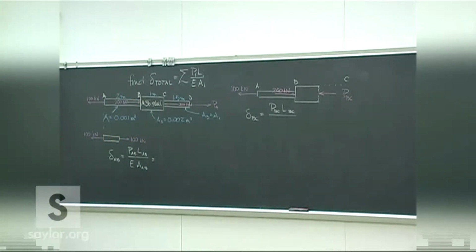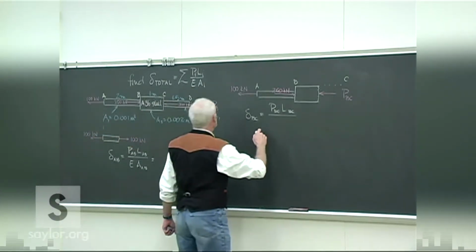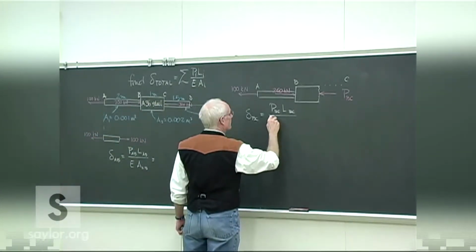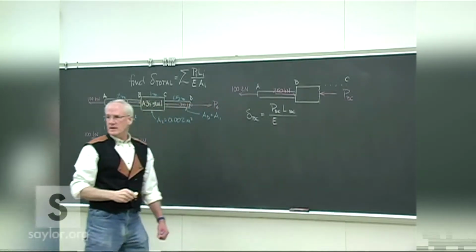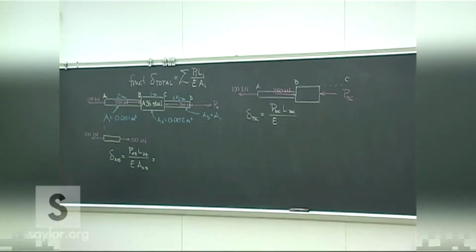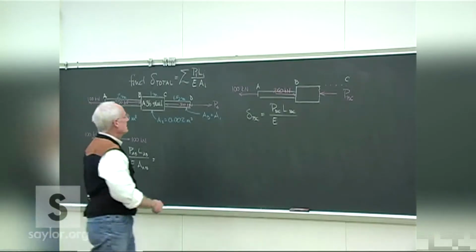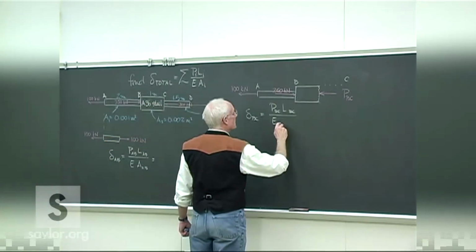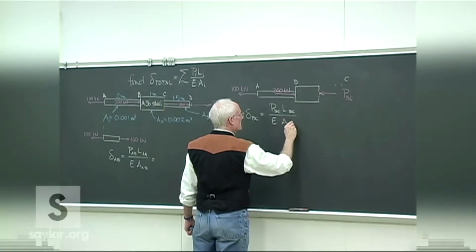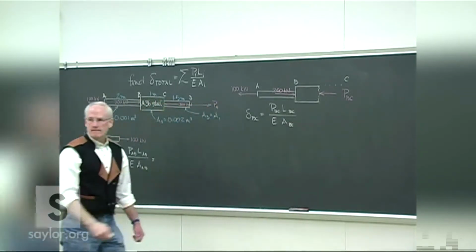Remember, this imaginary cut is at some place somewhere in between. It just allows us to determine what the internal forces are along that piece, and then the area BC.